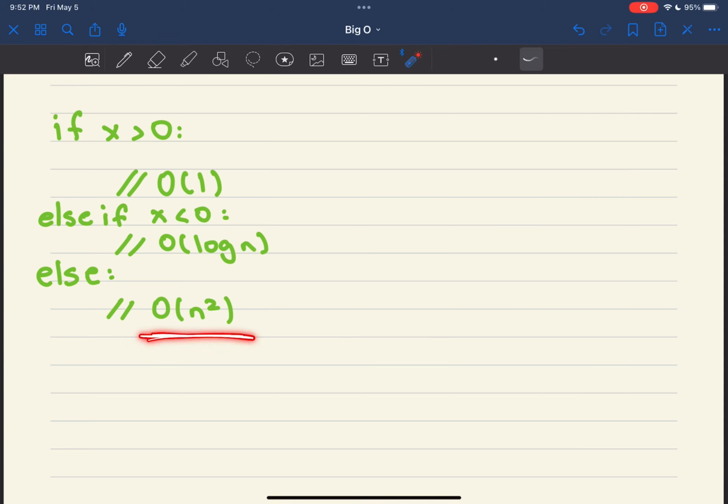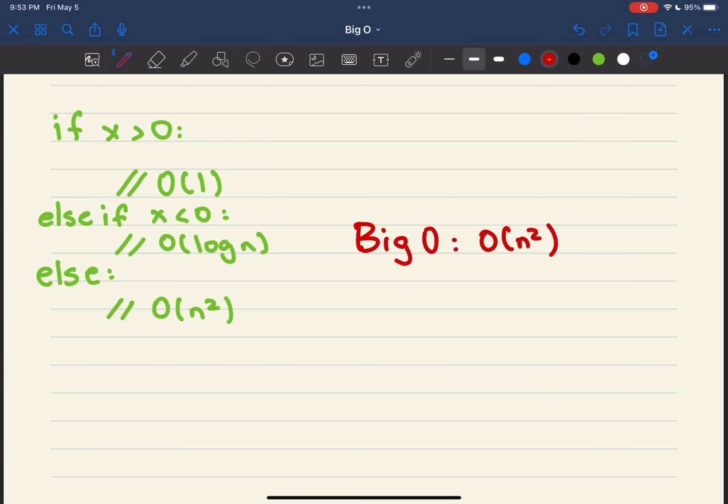Else, the code with big O of n squared runs. In this case, the big O is O of n squared, since although x might be less than 0 and this code executes, we always want to consider the worst case when dealing with big O.